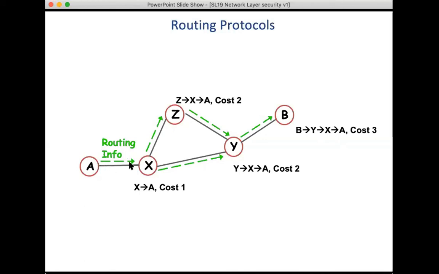In this way, each node can find the cost to every other node in the network. What we have shown is the step for all other nodes knowing the cost from A. As cost is nothing but distance here, we can assume that each link has a cost of 1. Simple. Now, where can anybody do fraud?